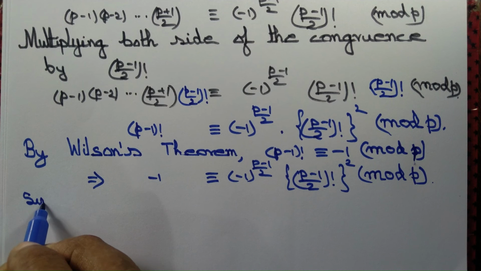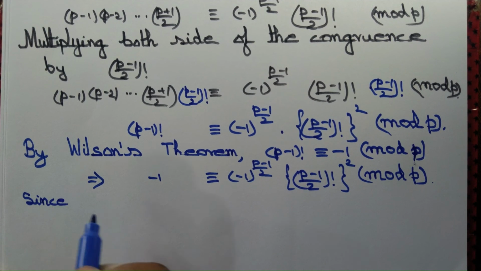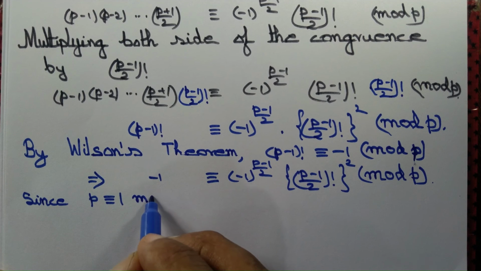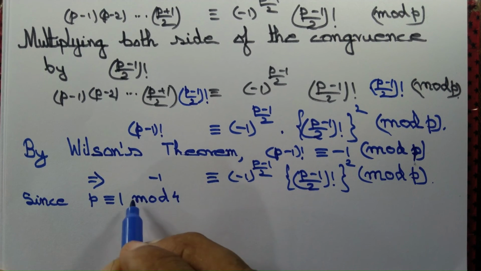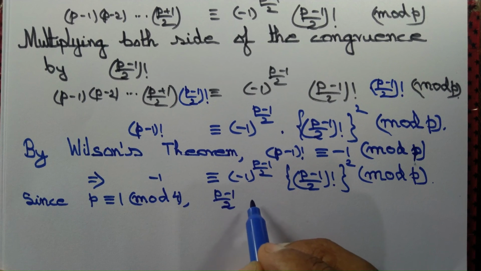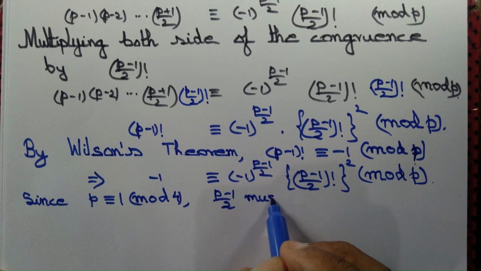Since p is congruent to 1 mod 4, p minus 1 by 2 must be even.